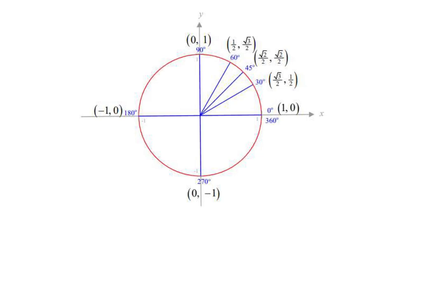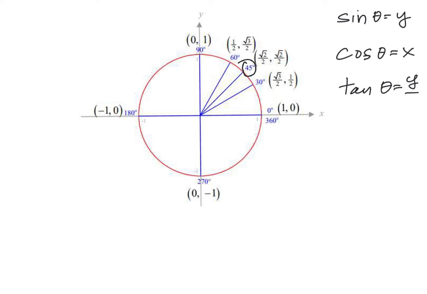Here's my 45 degrees. And if you went back to the other page, it said, let's write this down, sine of the angle equals y, cosine of the angle equals x, and then tangent of the angle equals y over x. Okay, that's all you need to know.